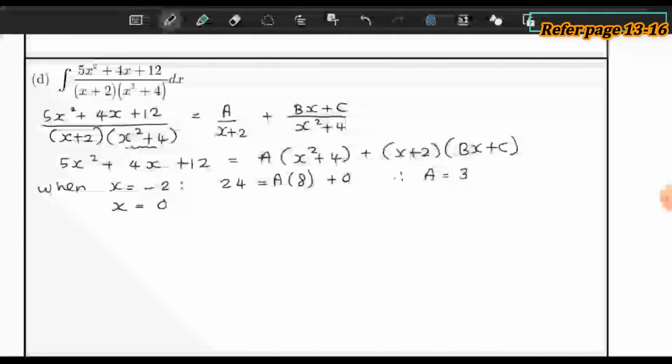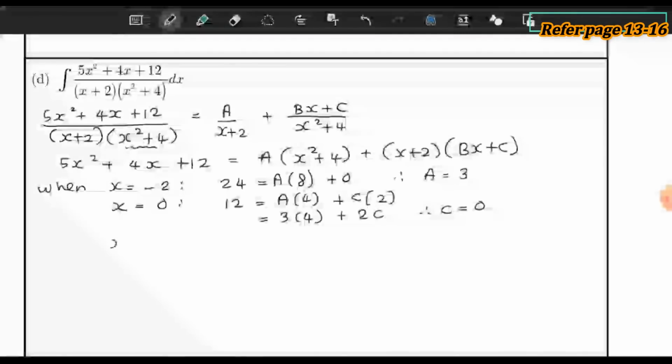When x equals 0, okay, so 12 equals a times 4 plus c times 2. By using a equals 3, we get 3 times 4 plus 2c. Therefore, c equals 0.